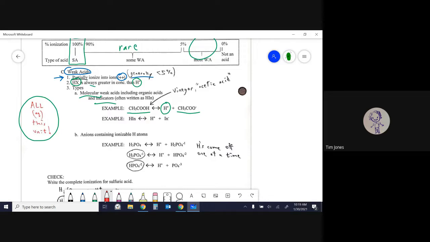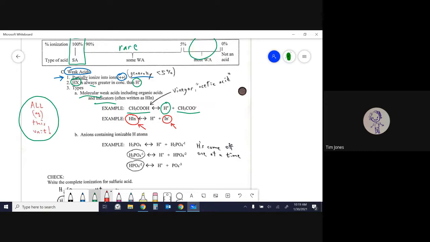So we'll just abbreviate it as HIn and In-, in which case HIn is the version that has the hydrogen attached, which would be in highly acidic solutions. And then In- would be the version in which the hydrogen has separated, and this would be in basic solutions, depending on the indicator though. So what I just said is a little bit too general, and we'll cover that in more detail later.